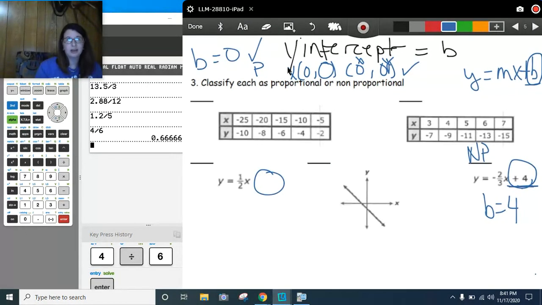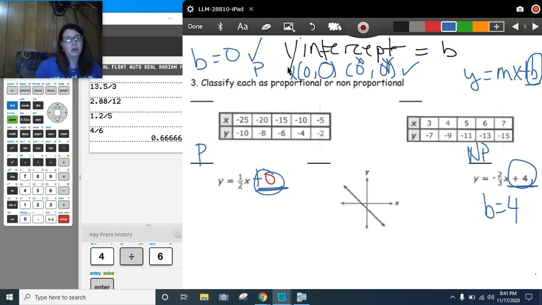There's something after the x, it means it's not proportional. But there's nothing after this one. If I replace this b with the number 0, is that going to change that equation? No, it's not. So this is proportional.